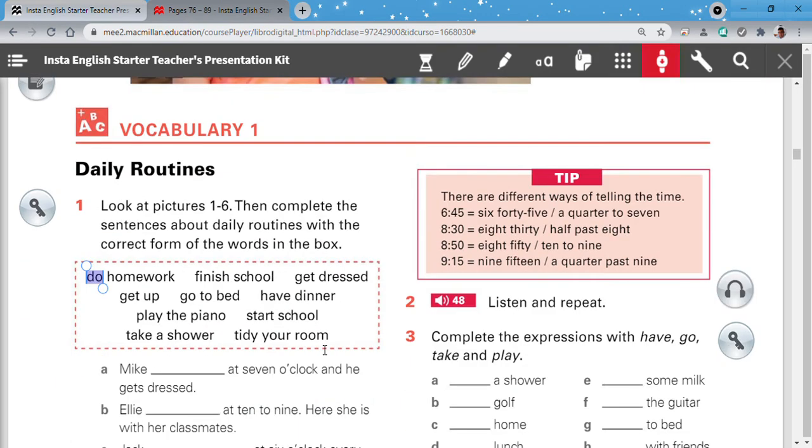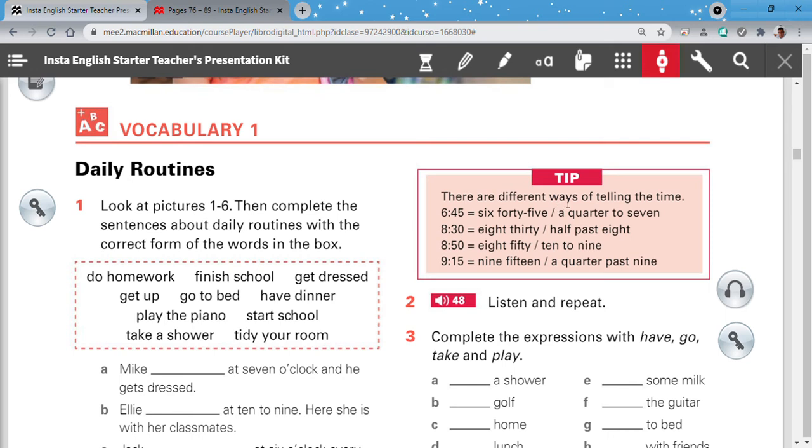Tip. There are different ways of telling the time. For example, in numbers, but you need to know the numbers. For example, here is 6:45.